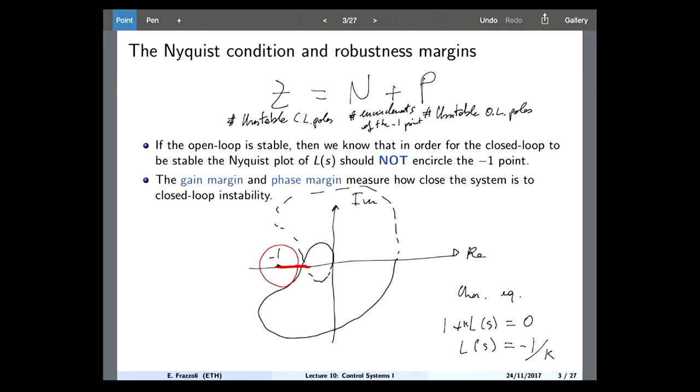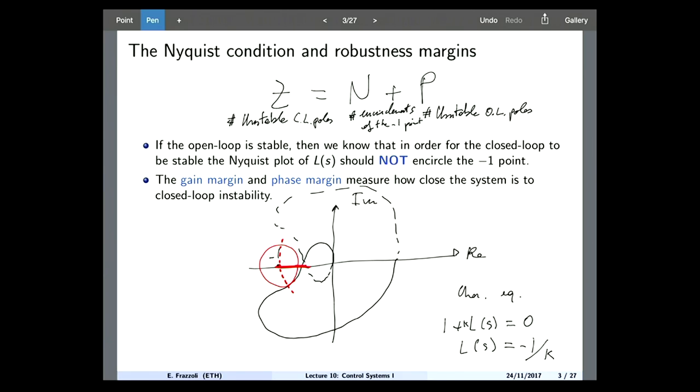The other important measure that people use is the following. Remember that we talked about the unit circle, a circle of radius 1.